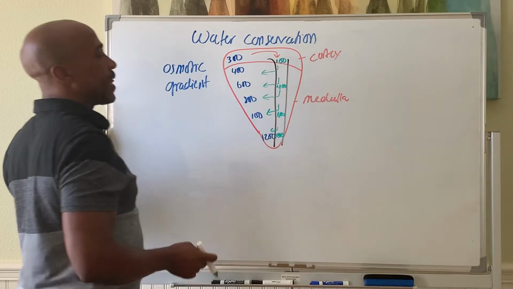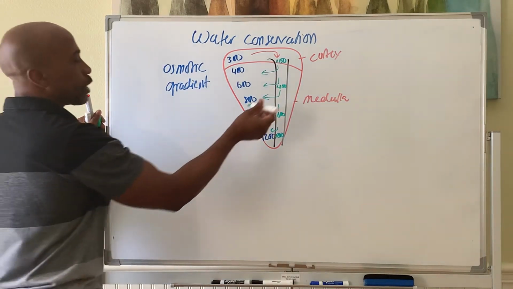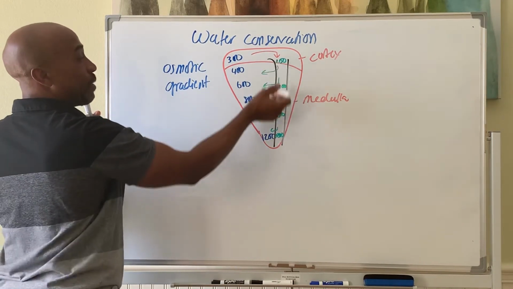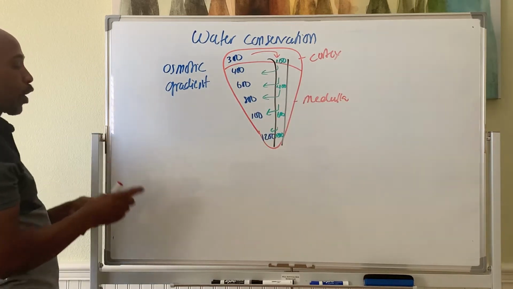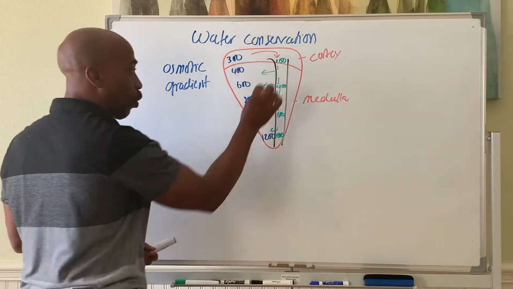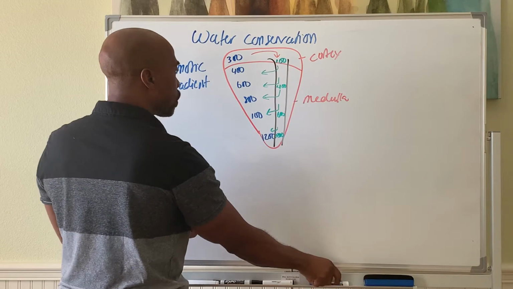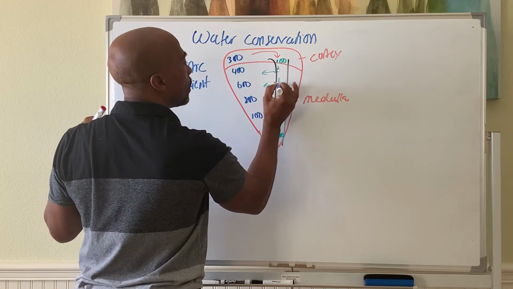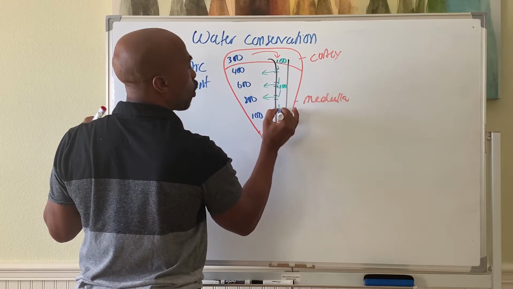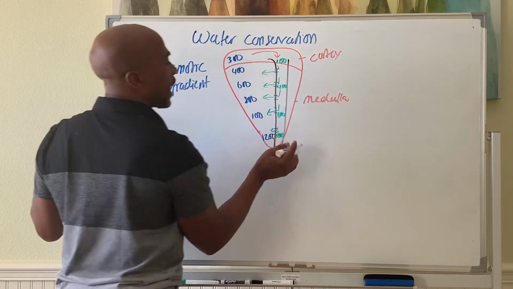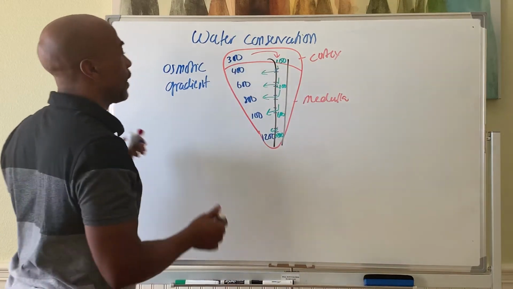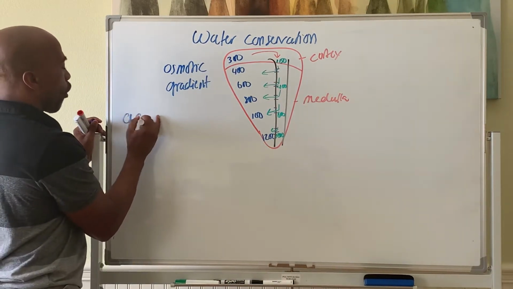The amount of water that gets pulled out, from low osmolarity to high osmolarity, depends on how many water channels are around. The water coming out has to pass through channels called aquaporins. Aquaporin channels are water channels that can be inserted or removed from the ducts.